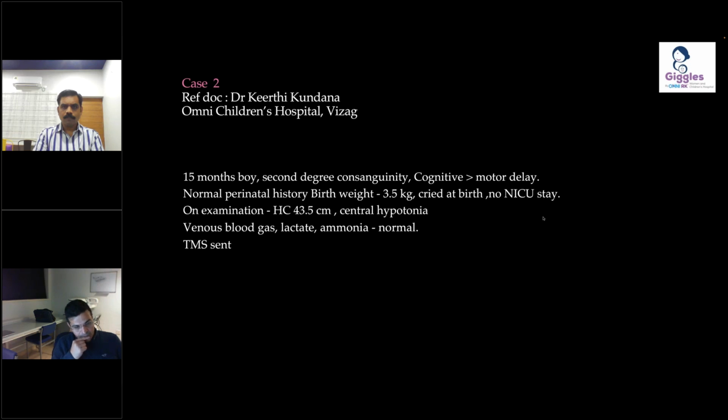On examination, he had head circumference of 43.5, central hypotonia. So the MRI was being reported with a perinatal insult, but he didn't have a history to corroborate that. So the main question was whether it is acquired or genetic.